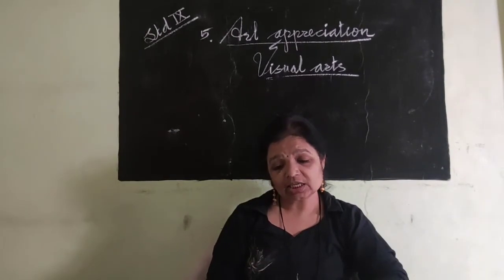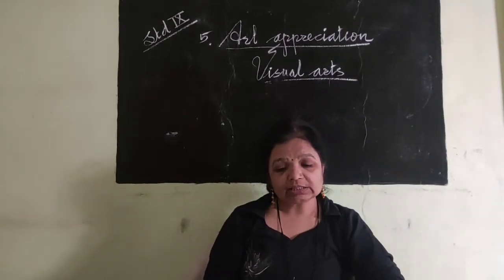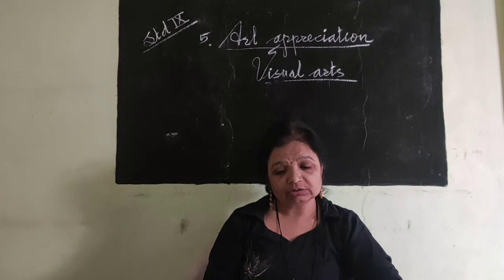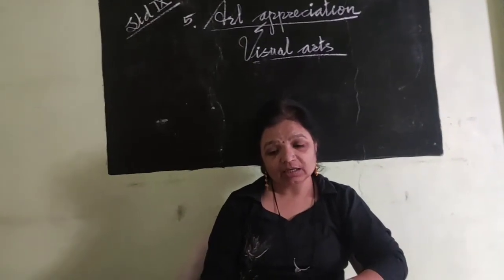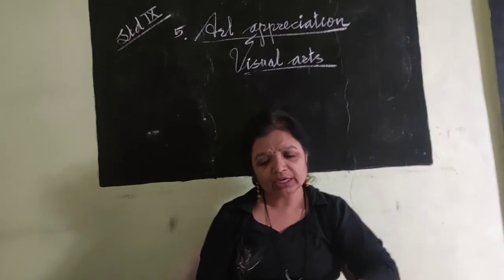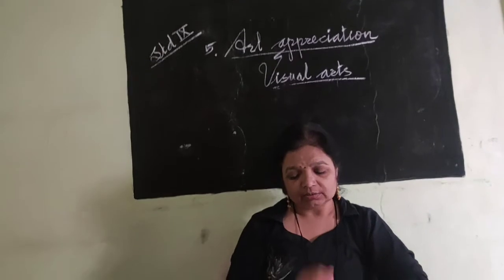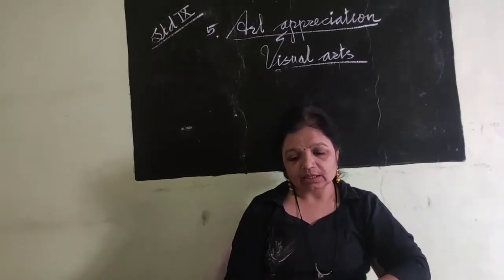Have a look there. Raja Ravi Verma, 1848 to 1906. Raja Ravi Verma is a celebrated Indian artist born in what is now a part of Kerala. Ravi Verma was famous for his depictions of Hindu deities and episodes from the epics and Puranas.